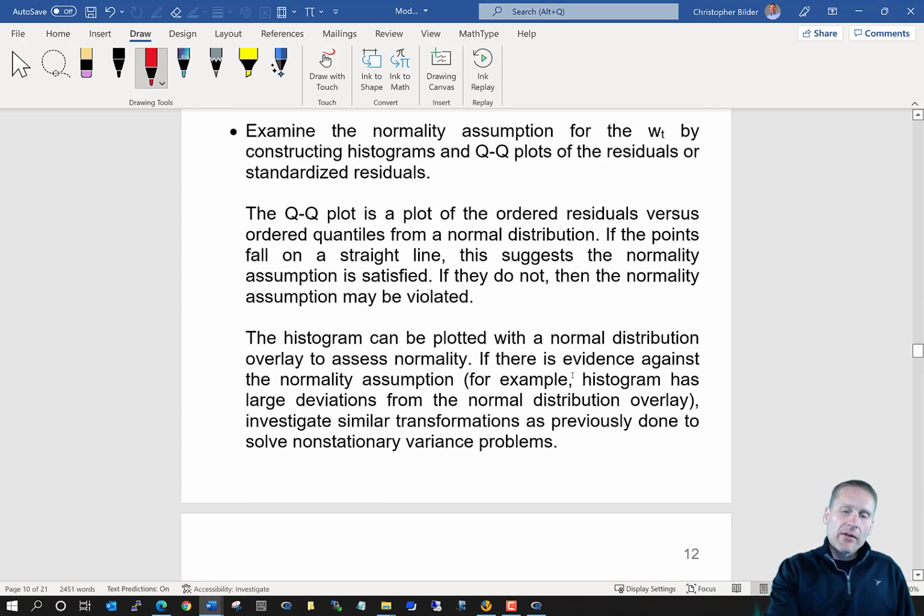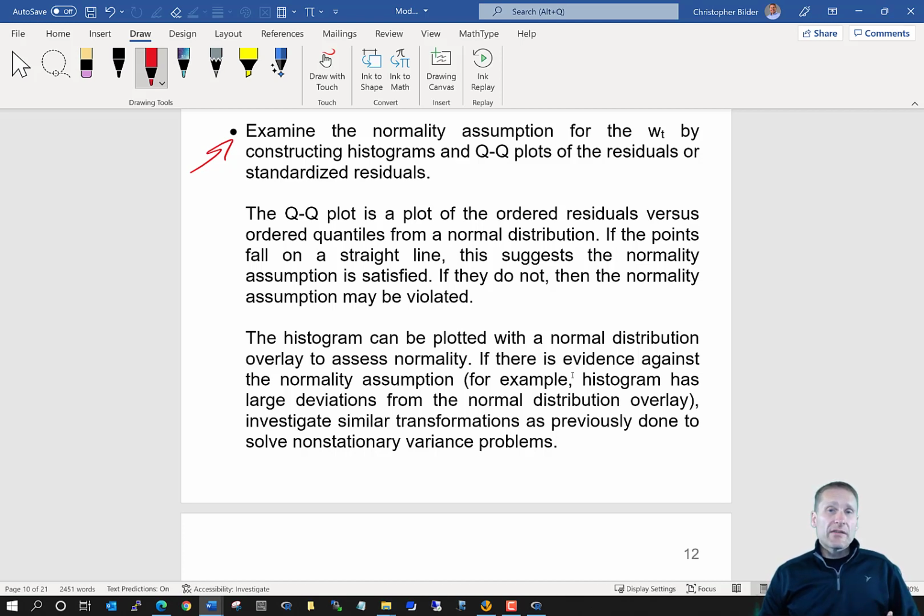Okay, another diagnostic tool that we're going to look at is we're going to examine the normality assumption for the W_t. To do maximum likelihood estimation, we need to assume a normal distribution, and so we can use the usual methods. With the residuals or the standardized residuals, either will work just fine to check for normality.